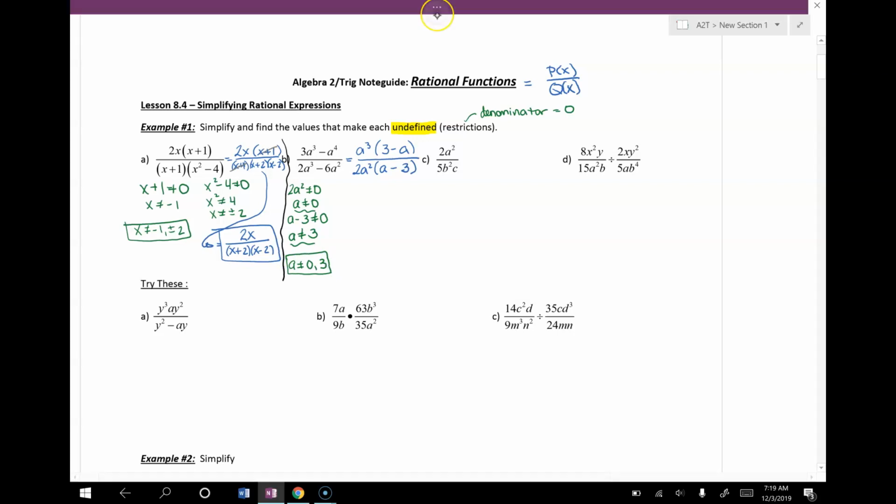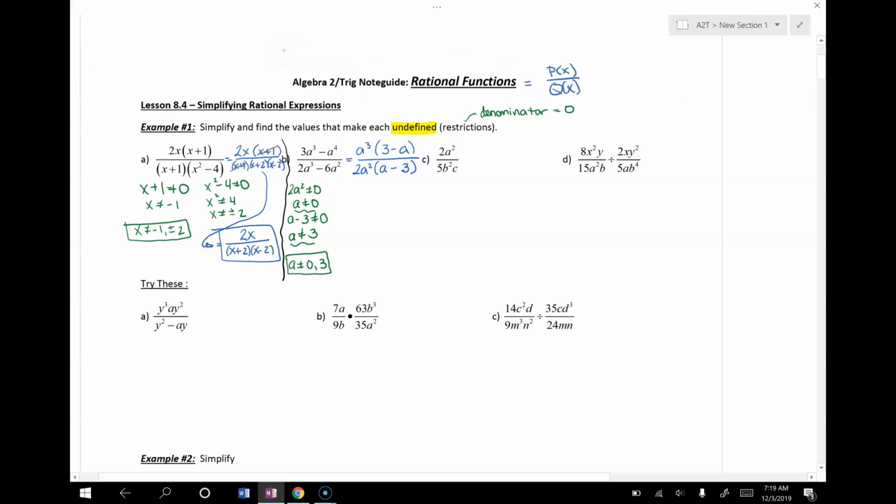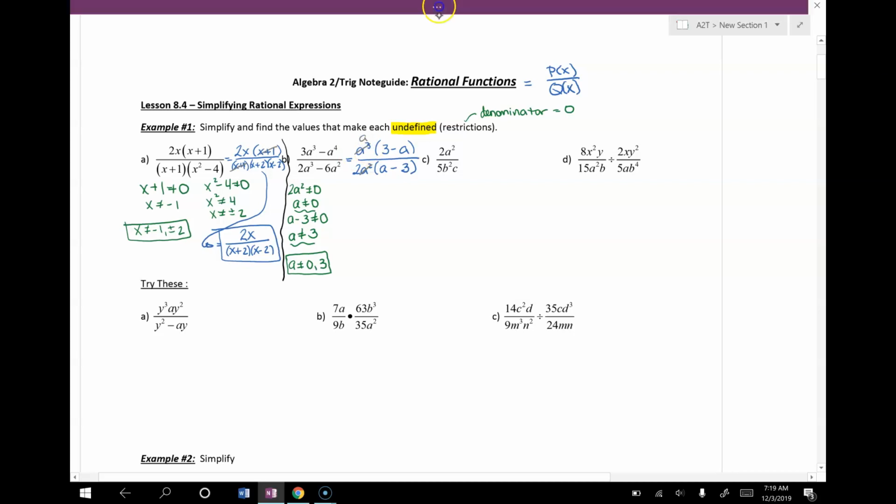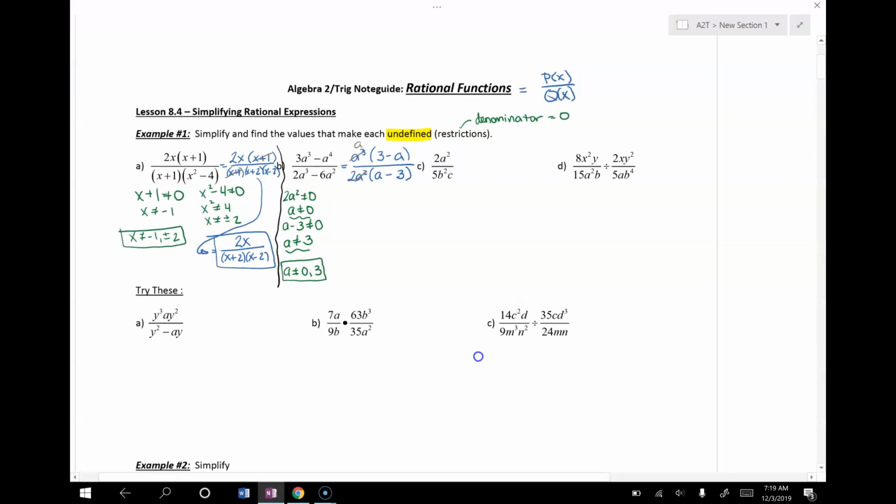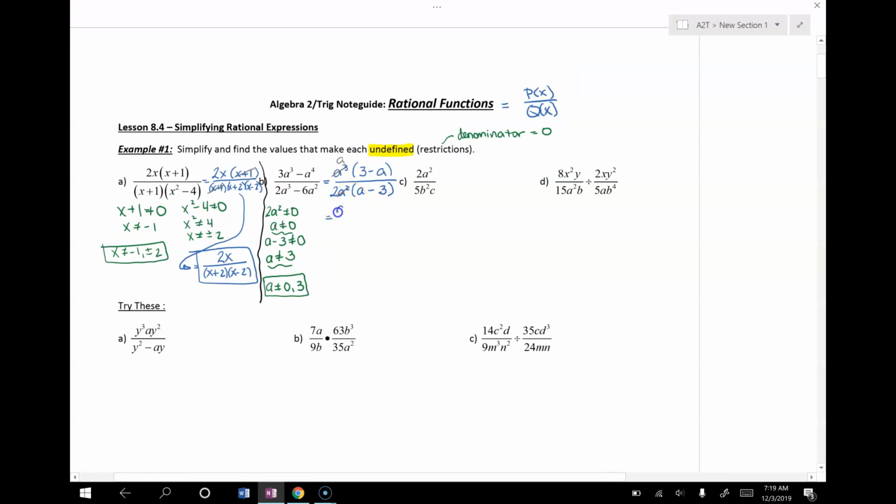And then I'm going to go back and start canceling from the numerator and the denominator if there are things that we can. Well, there's 2 a's in the denominator and 3 in the top, so we can certainly reduce that. And that's going to leave us with a times 3 minus a all over 2 times a minus 3. Now I notice the binomials are very similar, but the signs are different.